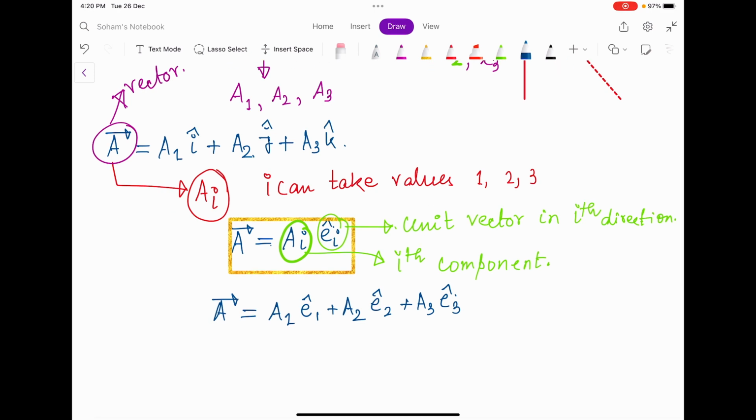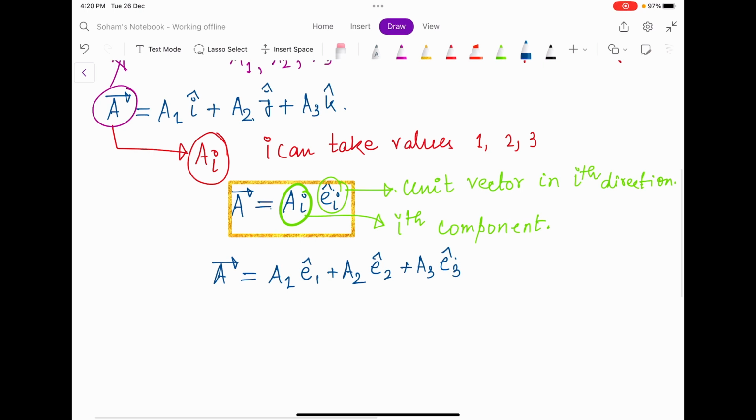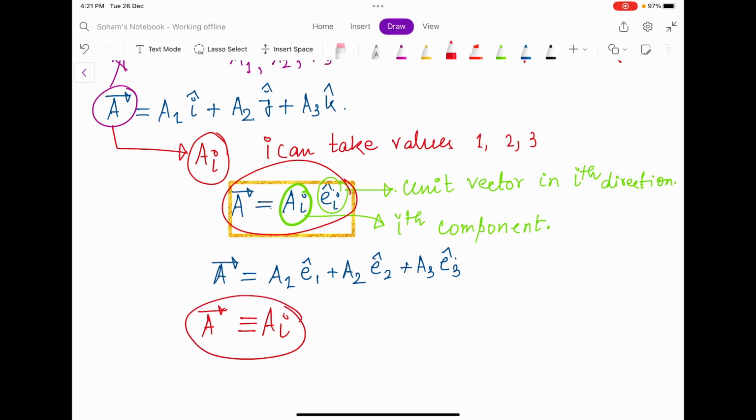We are writing this for the sake of writing it in index notation, more specifically to simplify it. But instead of writing this, we write A as equivalent to Ai.